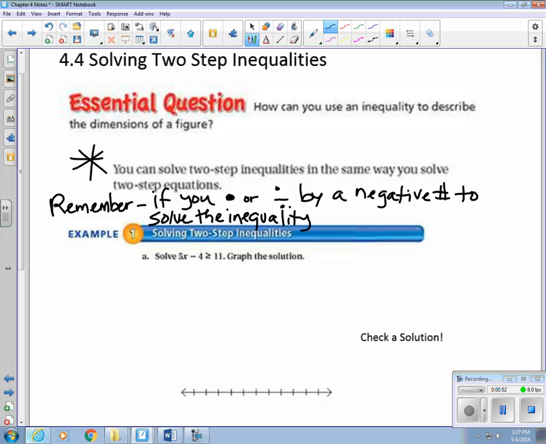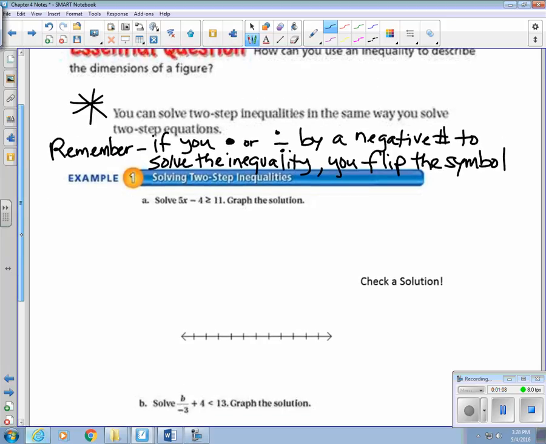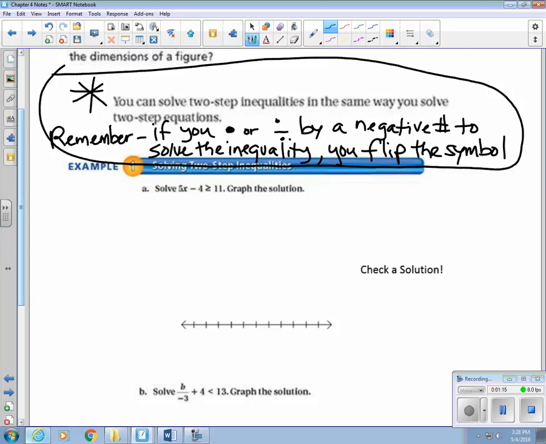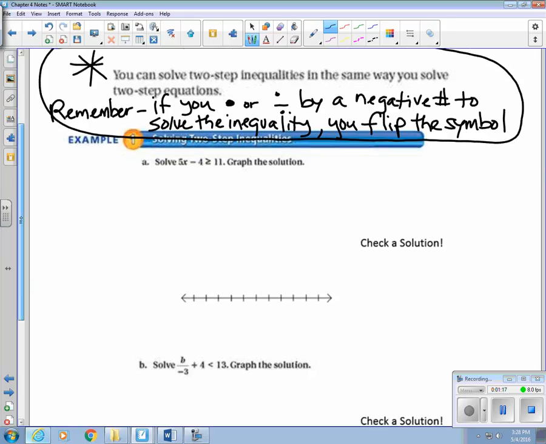So again, if you multiply or divide by a negative number to solve the inequality, you must flip the symbol over. So if it was a less than, it now needs to be a greater than, right? So flip the symbol. That's the really important section right here. If you can remember this, then you can do all of these problems. Let's just look at some examples.